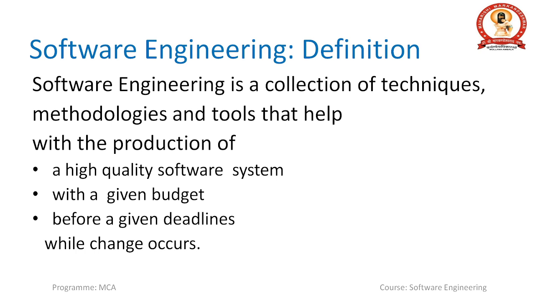In this definition, we have the methodology to achieve high quality software, within a given budget, delivered before the deadline. We want an optimal solution: low cost, high quality, and a short cycle of time.